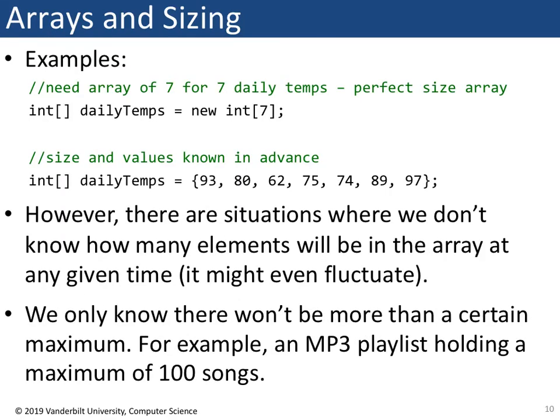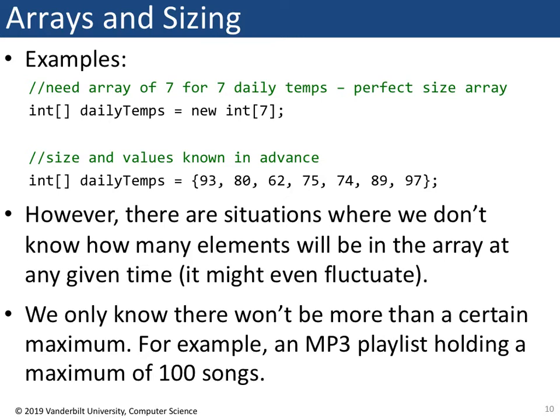So an example of this would be if we wanted to store, like I said, daily temperatures, then we can create an array with 7 locations to store these 7 temperatures. Or if we know the values in advance, we could just use the direct initialization so that our array already has the correct values in it. But there are situations where we don't know how many elements we're going to need.